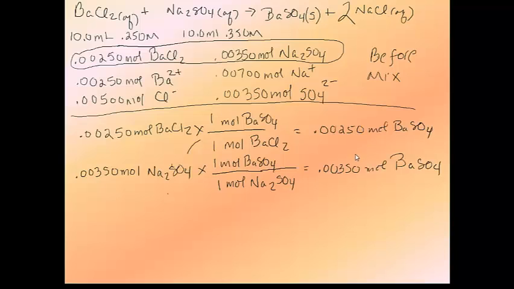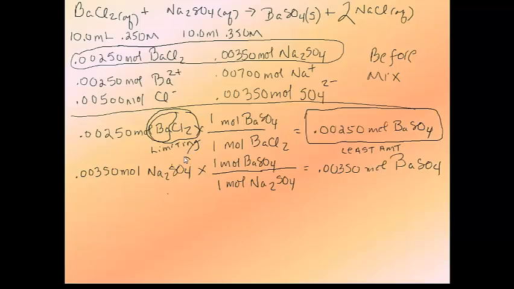Of the 2 answers, this one is the least amount of precipitate. That means this ion in this compound is my limiting. That means this ion in this compound will be my excess.